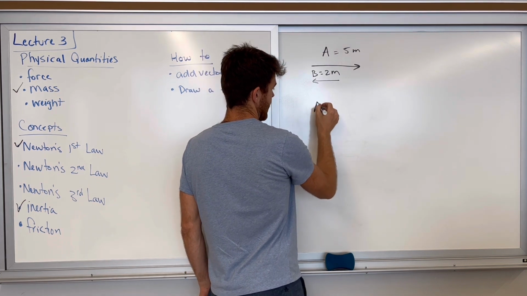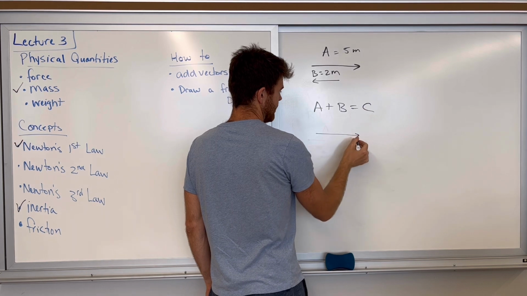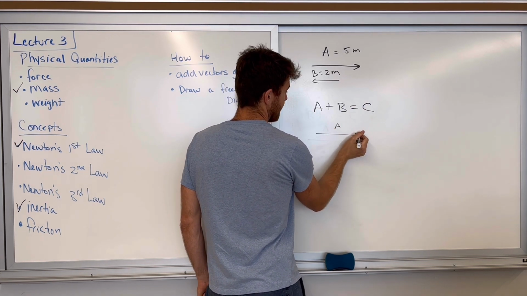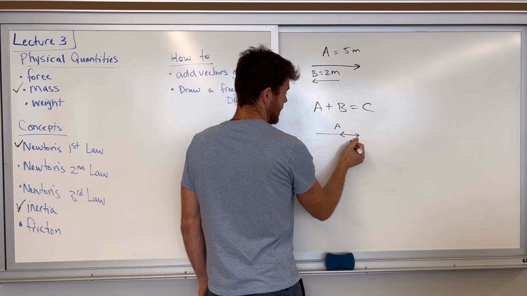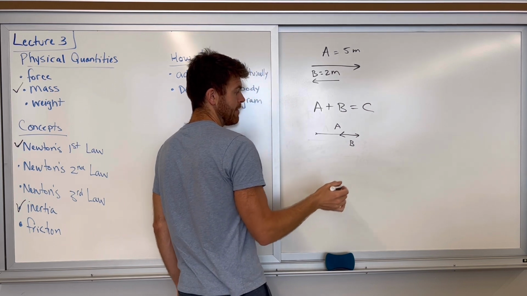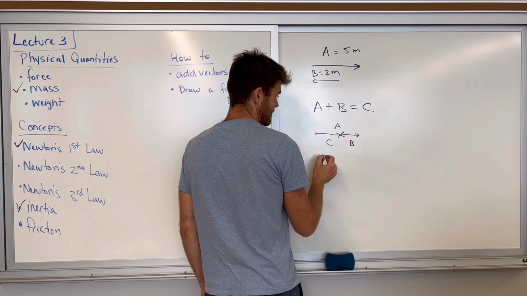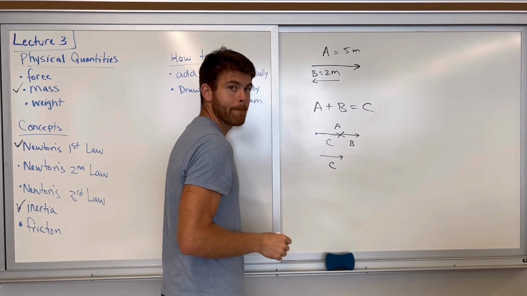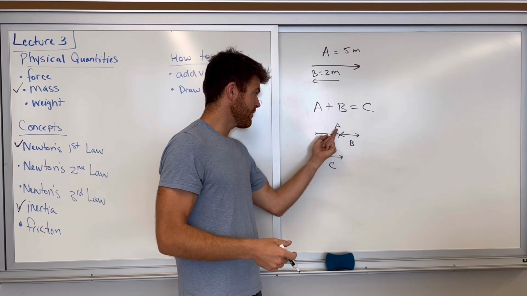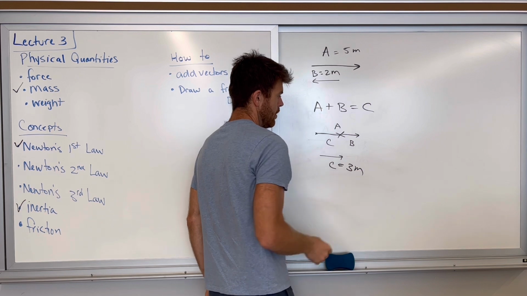So vector A plus B, we're going to find vector C, so draw A. Now from where A ends, we draw vector B, and then from where we start with A to the tip of B, that is vector C. So this is vector C right there. And its length should be 5 minus 2, which is 3 meters.